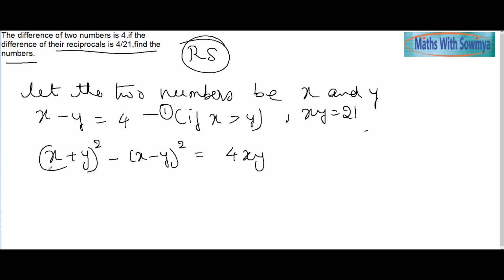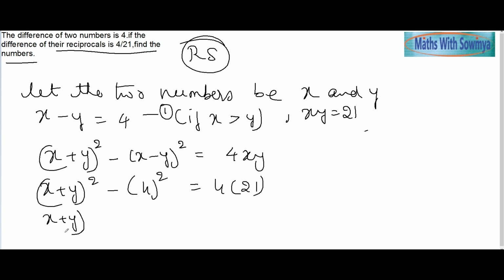This is most important. Or if you can remember, a plus b whole square minus a minus b whole square is equal to 4ab. Remember this formula, which is most important and easy to solve. Minus x minus y is 4. This is 21. So, what will be x plus y whole square minus 16? This is 84.